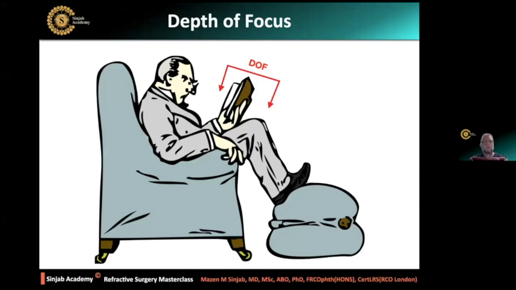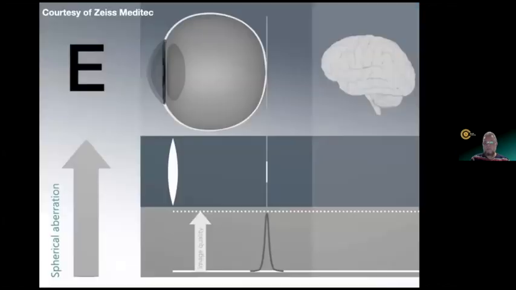Now, if this patient has depth of focus, it means if he moves the book backward and forward within a given range, he can still see the book clearly, although he is not using accommodation at all. This is called depth of focus.